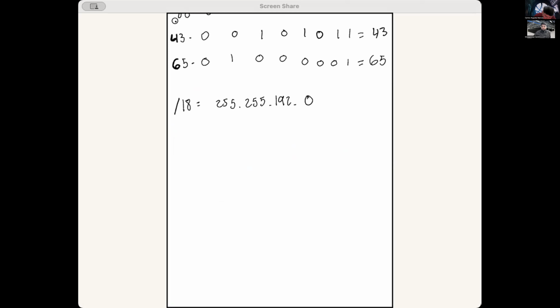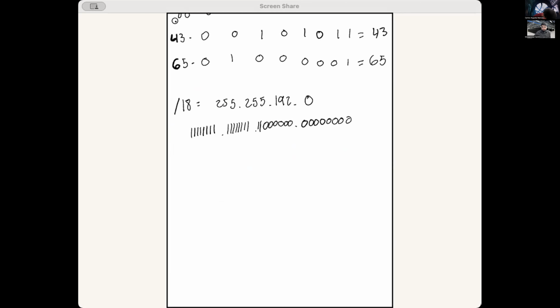So what does this look like in binary, Mohammed? We'll do 1, 2, 3, 4, 5, 6, 7, 8. 1, 2, 3, 4, 5, 6, 7, 8. 1, 2, 3, 4, 5, 6. 1, 2, 3, 4, 5, 6, 7, 8.